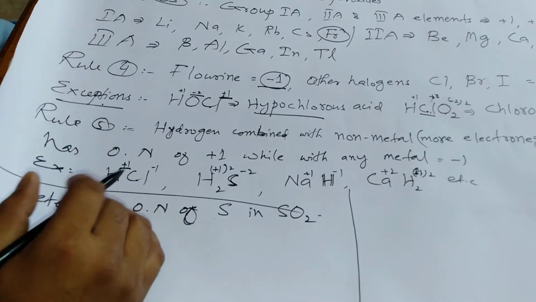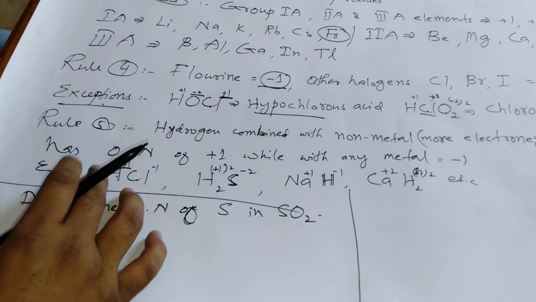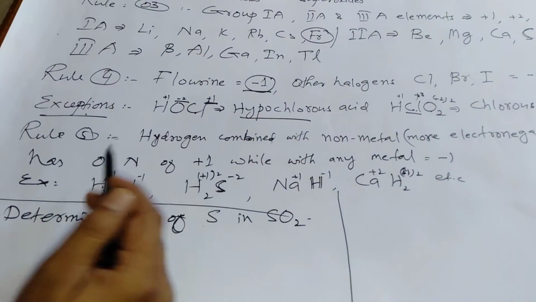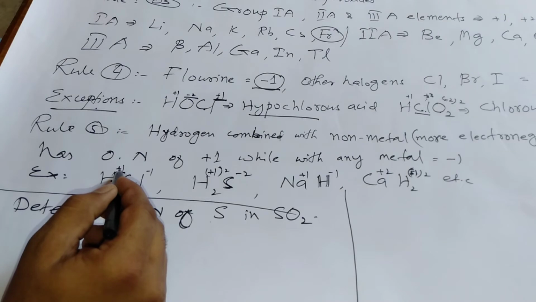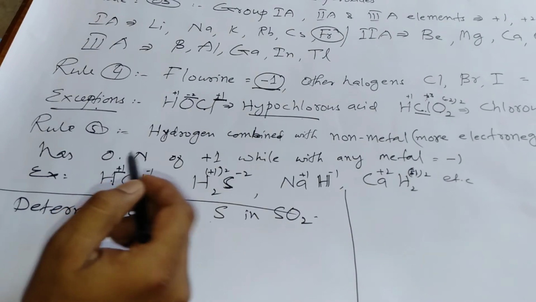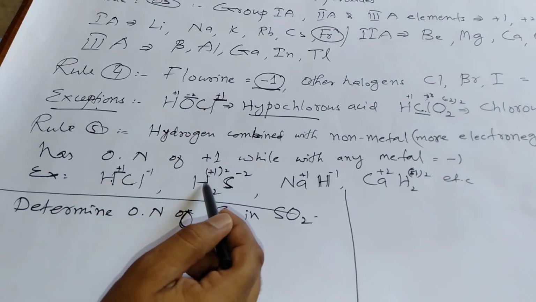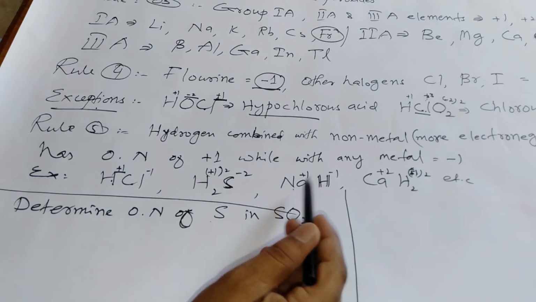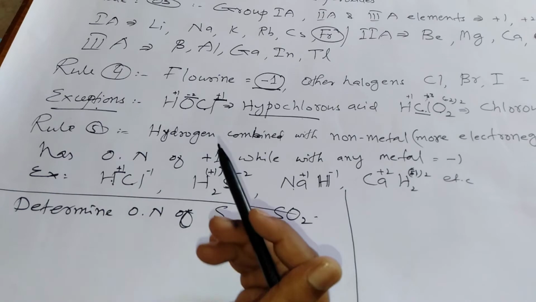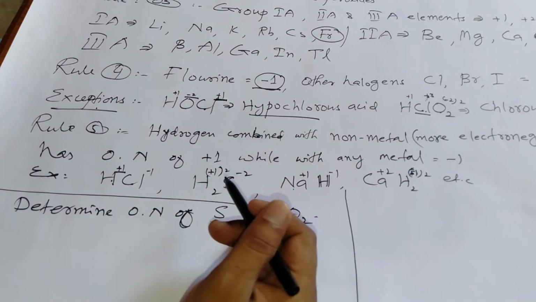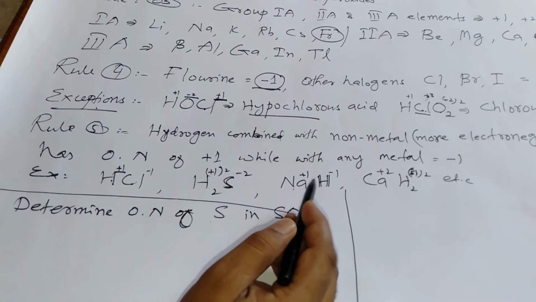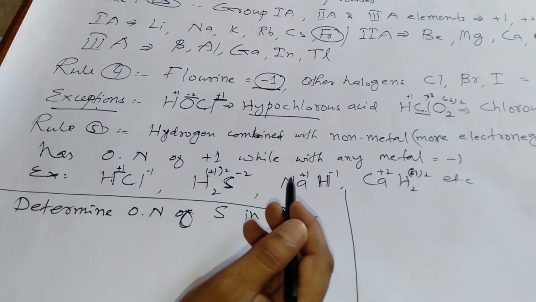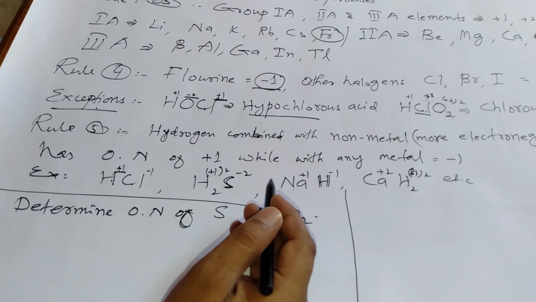So when hydrogen is combined with any non-metal, hydrogen will have +1 oxidation number, while if hydrogen is attached with any metal like sodium, calcium or any other metal, it can be lithium, rubidium, cesium or any other, then hydrogen will have -1 oxidation number. This is because of the difference in electronegativity.